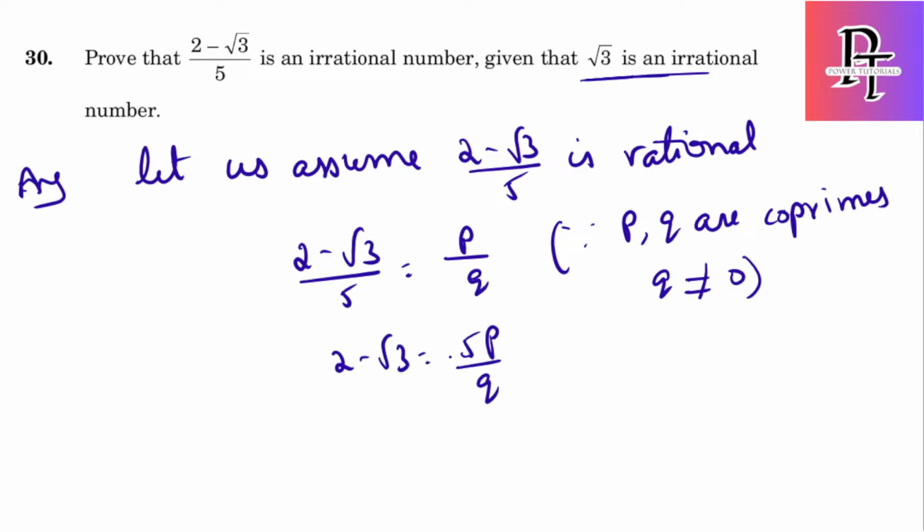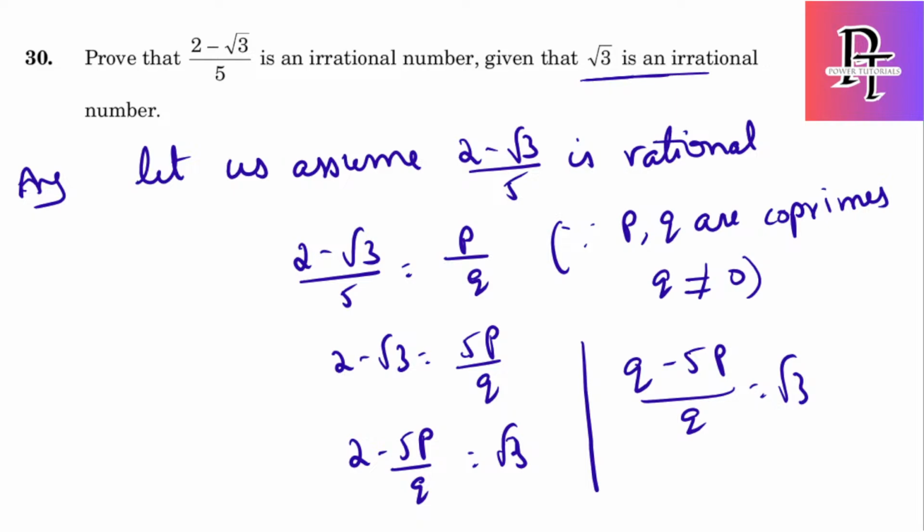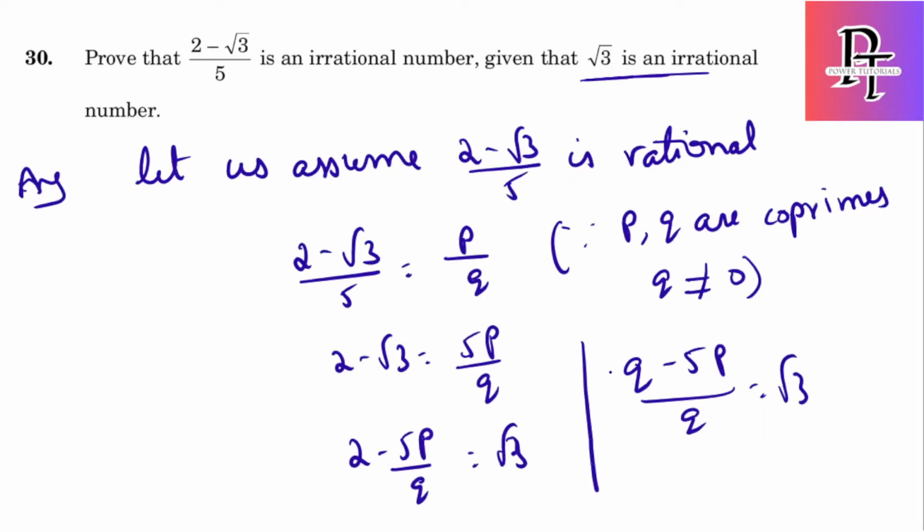Now let's move root 3 to the other side and 5p by q to the left side. It becomes 2 minus 5p by q is equal to root 3. I can also take LCM. Now this becomes q minus 5p by q is equal to root 3. Let me see this step again. Root 3 we got how much? Wait, it is not just q, it is 2q. So 2q minus 5p by q.